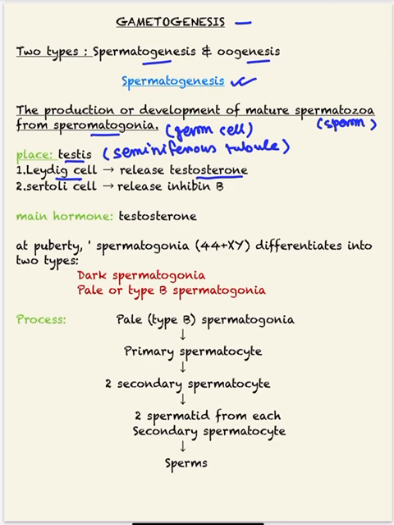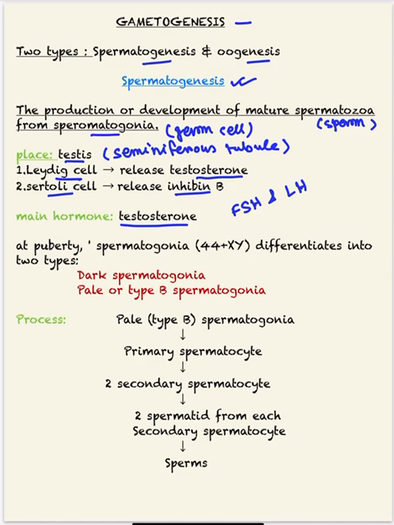And in the seminiferous tubule, there are Sertoli cells and they release inhibin B. Germ cells are also present in the seminiferous tubule. So the main hormone for spermatogenesis is testosterone. FSH and LH from the anterior pituitary play an important role in this.